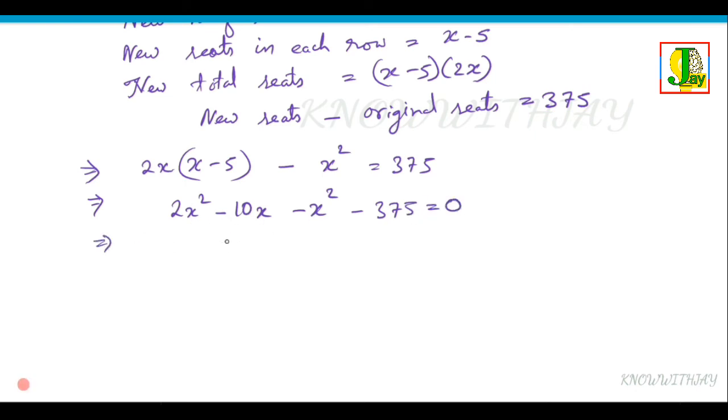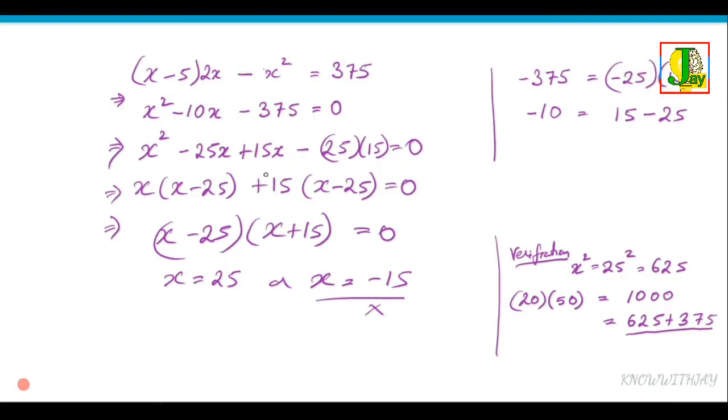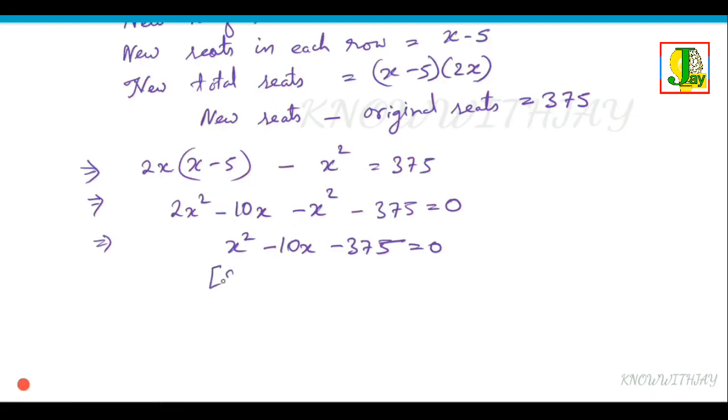So 2x squared minus x squared is x squared, minus 10x minus 375 equals 0. Now we have the quadratic equation, we just need to solve it. Solving it, we get x equals 25 or x equals minus 15.